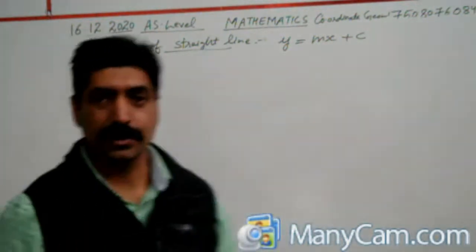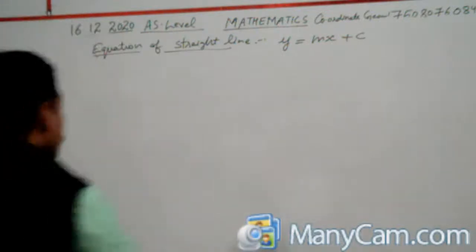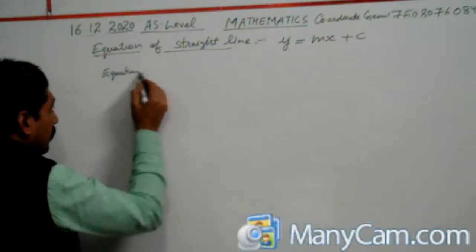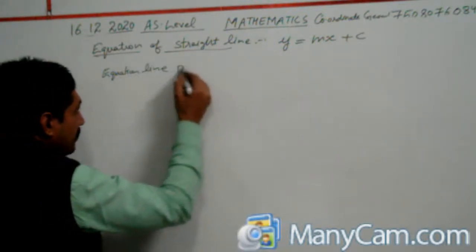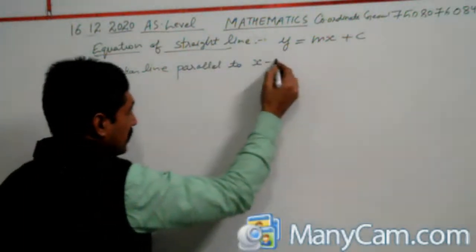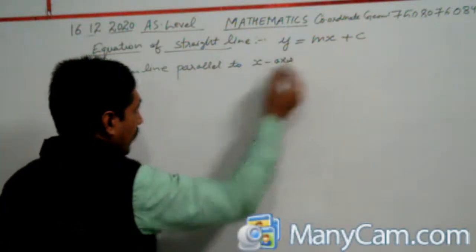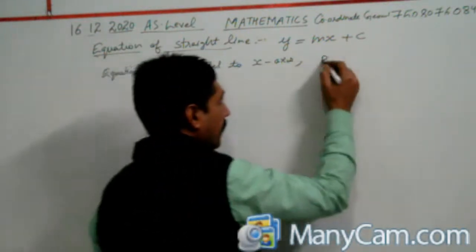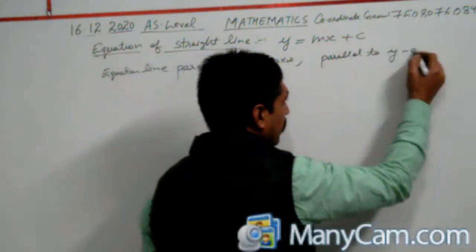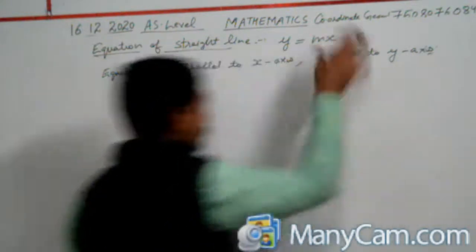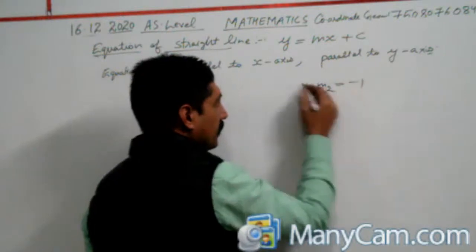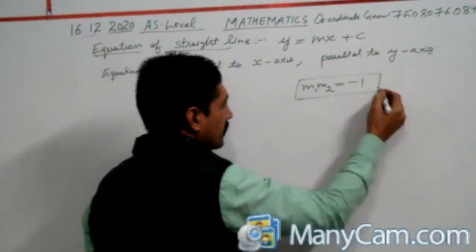We have discussed the equation of a line parallel to the x-axis and parallel to the y-axis, and we have also discussed so many relations, like slope: m1 into m2 is always equal to -1 for two mutually perpendicular lines.